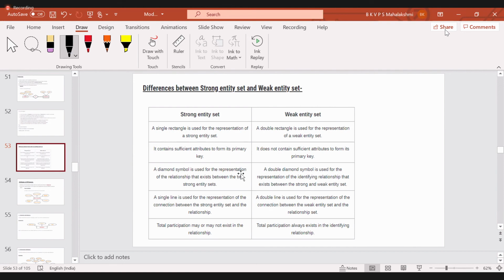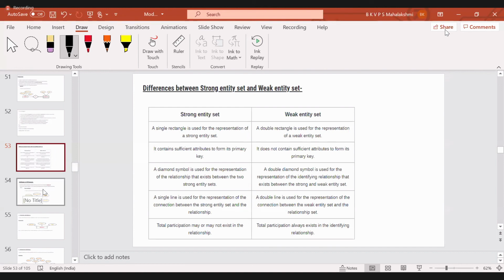What are the differences between the strong entity set and the weak entity set? Got it?